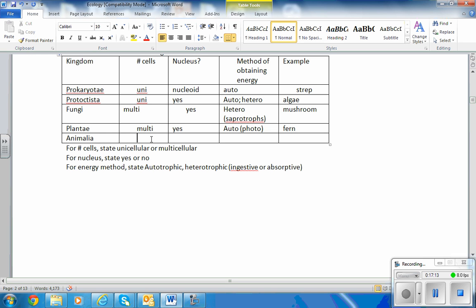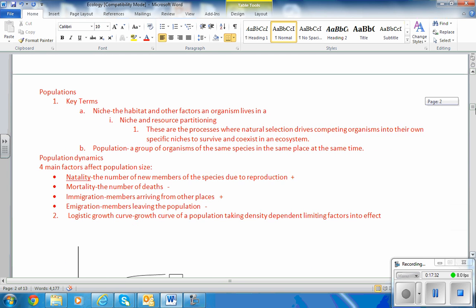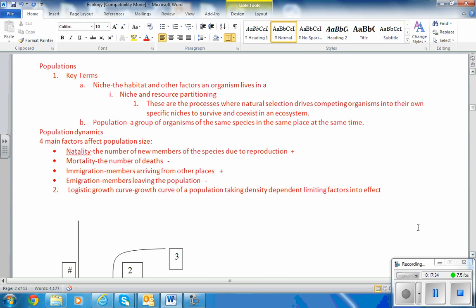Animal, multi or uni? Multi. Nucleus. Auto or hetero? Hetero. Okay, and we can say human. All right? A lion. That's a good example. Okay. All right, so we're going to move into populations in just a second.